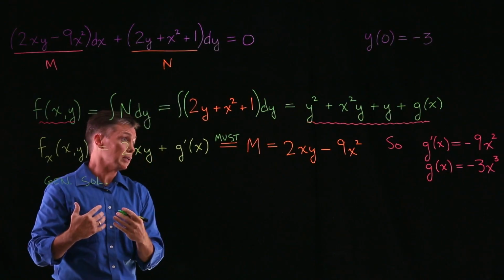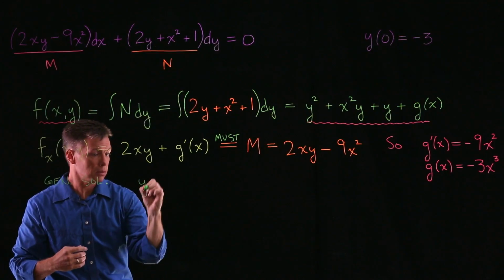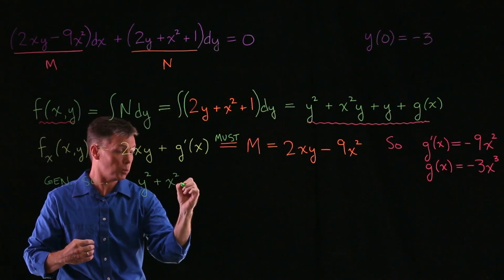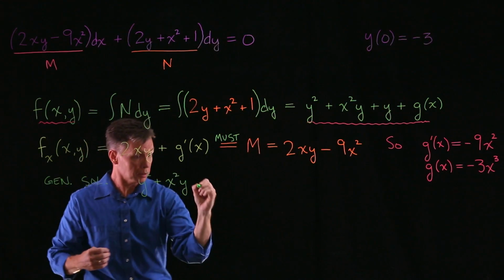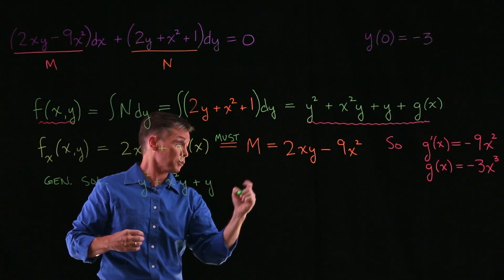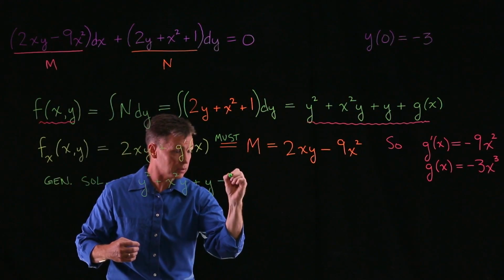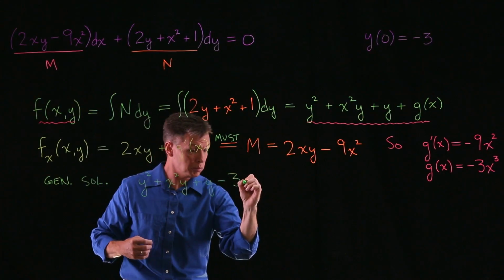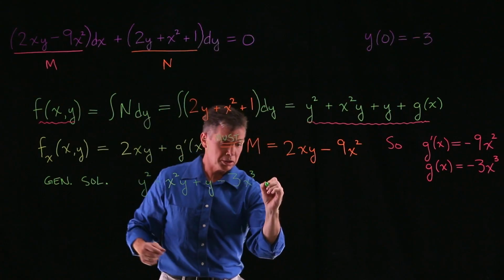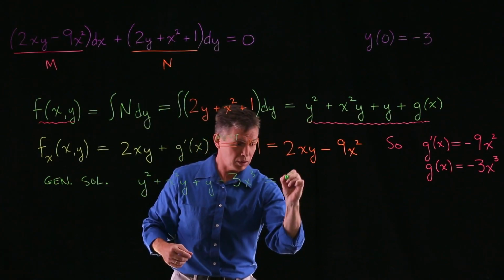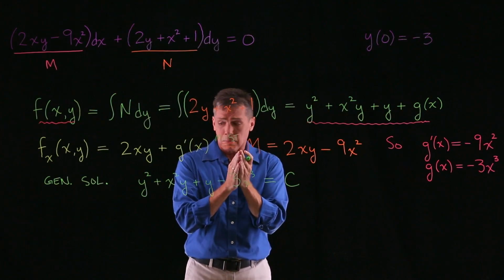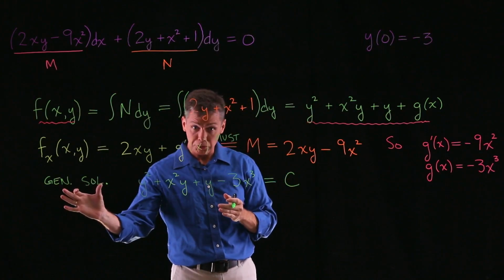And that's all on the left-hand side of an equation, y squared plus x squared y, grabbing everything that was squiggly underlined, plus g of x, but that's actually a minus 3x cubed. And that's the left side of an equation, and the right-hand side is some constant, just c. We don't know what it is. Not yet. We don't know what it is for the general solution.